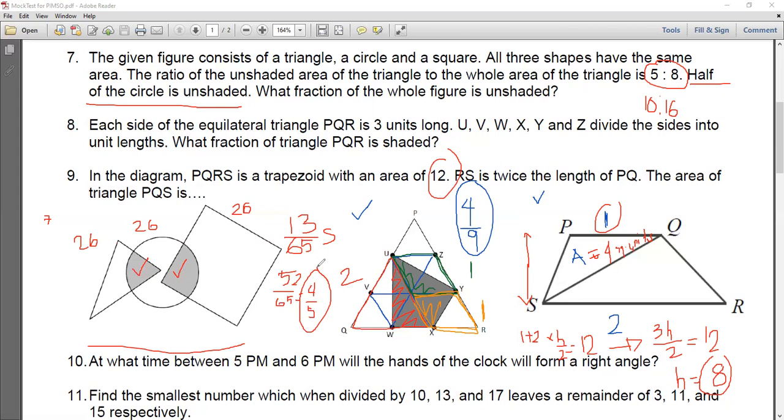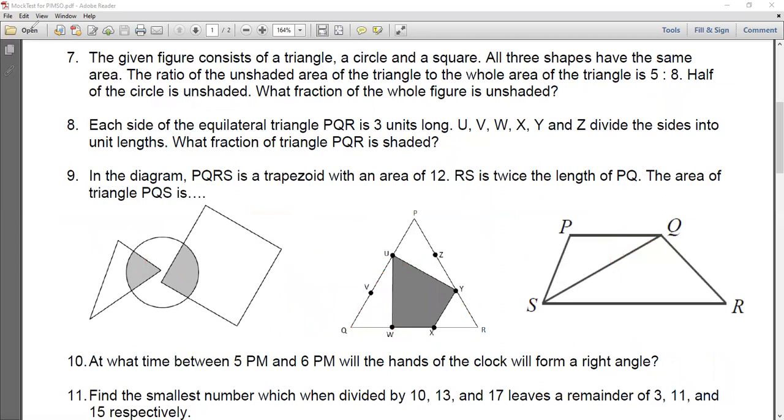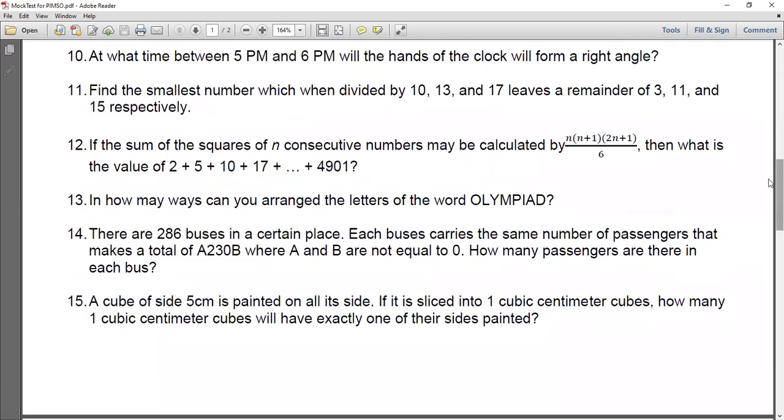Okay. So let's continue with number 10. So let me do number 10.